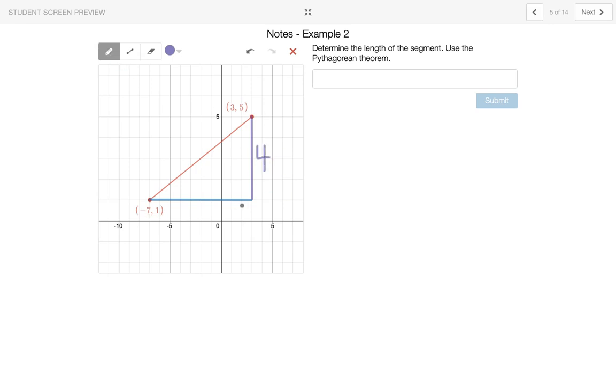And the horizontal segment has a length of 10. And using the Pythagorean theorem, I get that c squared equals 10 squared plus 4 squared, which is equal to 116. So that means that c is equal to the square root of 116.